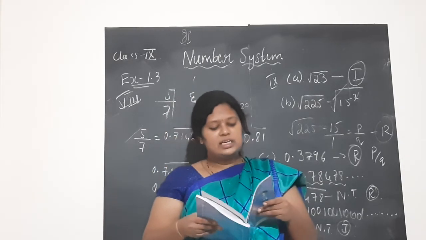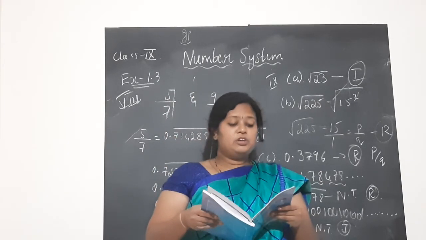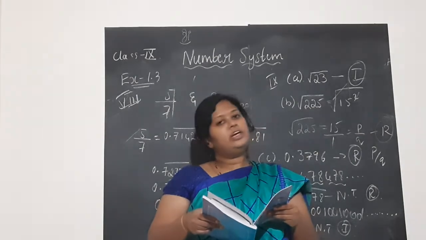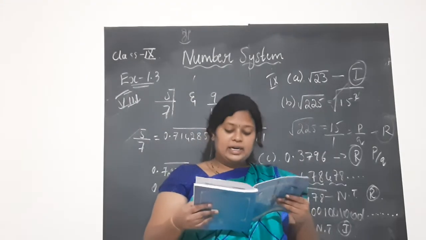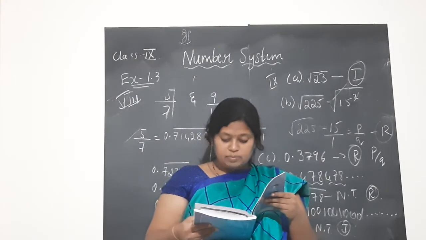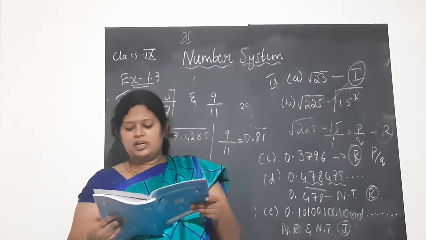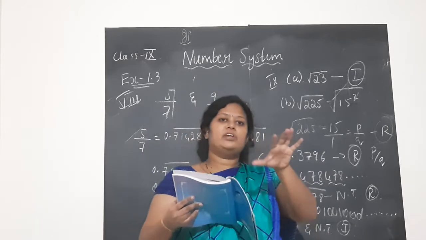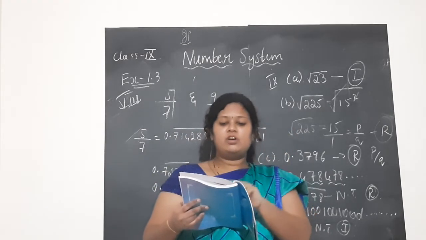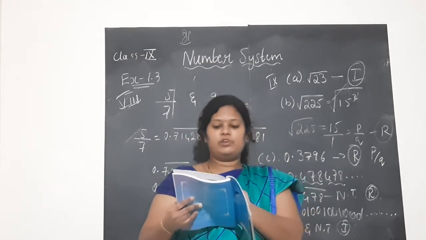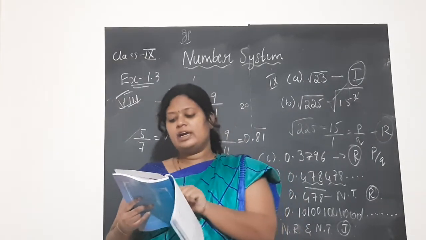In the previous class, I explained by taking a few example problems. You need not write all that in the classwork, but I want you to write these statements. Usually in class, children, if you remember, I have the habit of dictating a few important points. On page number 10 of your textbook, you have case 1 and case 2.